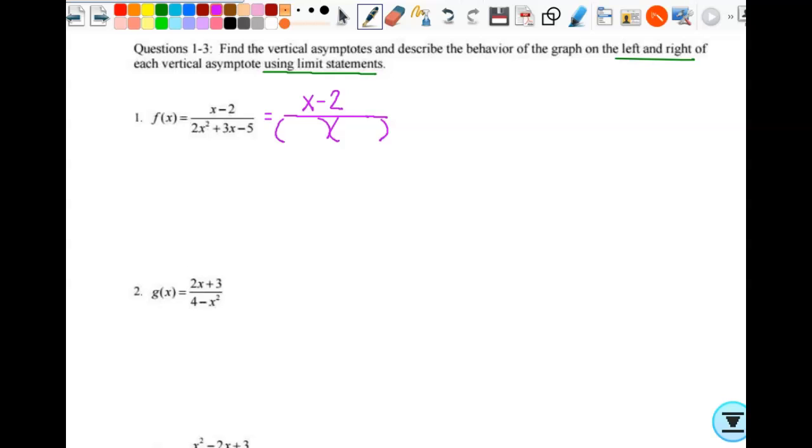And you may need to factor the denominator by grouping. That's totally fine. I'm going to show you a different way. But grouping is fine if that's what you need to do.